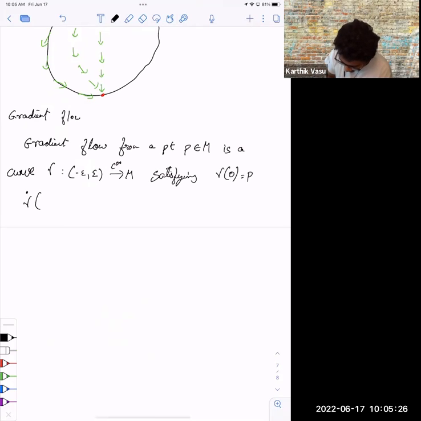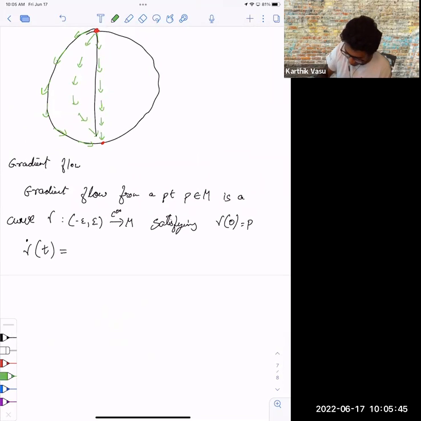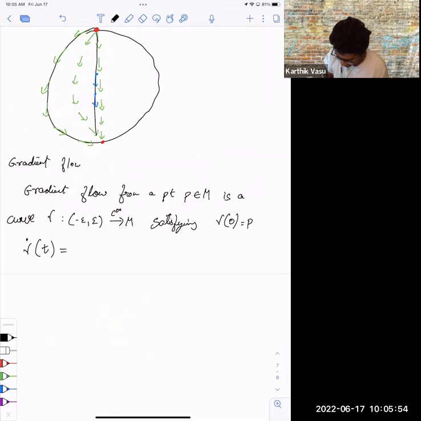If you take the derivative of your curve, basically what you want is that the derivative is the direction of the velocity. So you want the velocity vector to be pointing in the direction of your gradient vector. If you had a curve, you want your vector here to be pointing in the direction of my gradient, right? That's what I want.